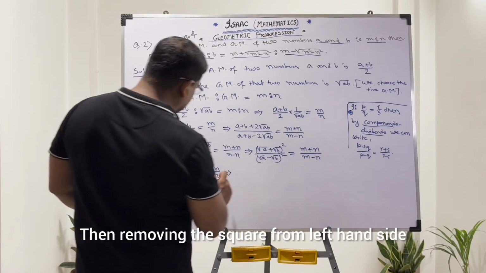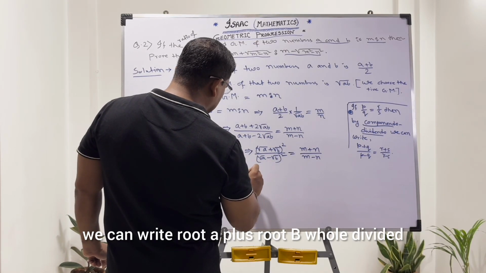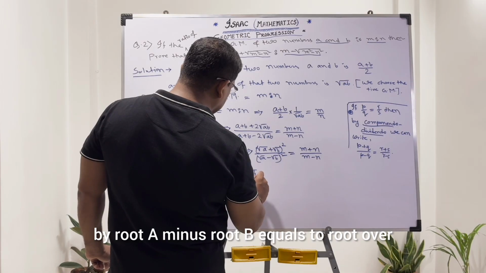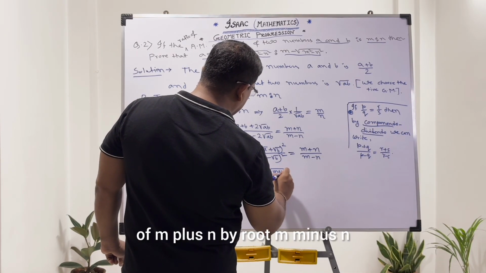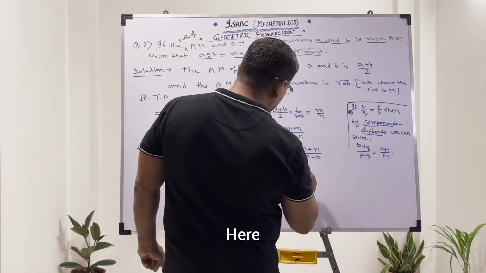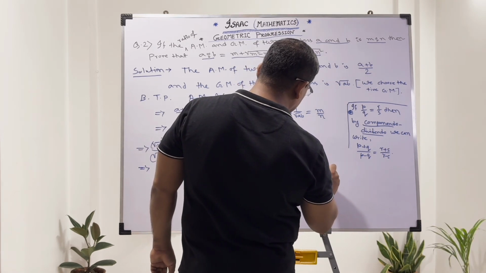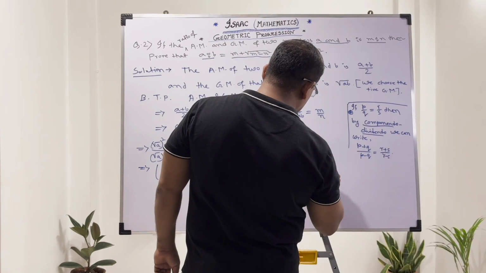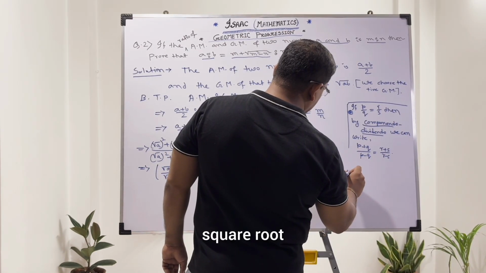Then removing the square from left hand side, we can write root a plus root b whole divided by root a minus root b equals to root over of m plus n by m minus n. Here we choose positive square root.